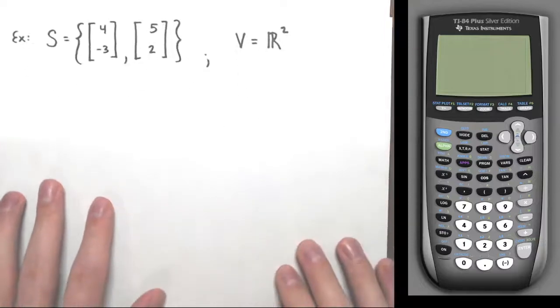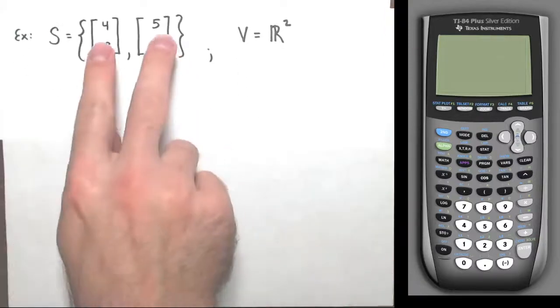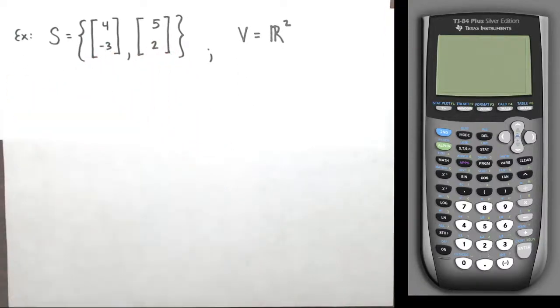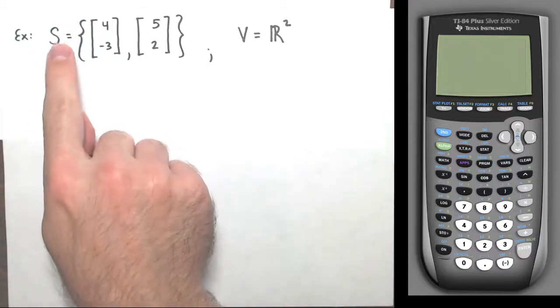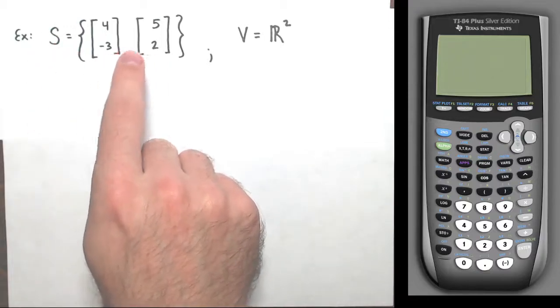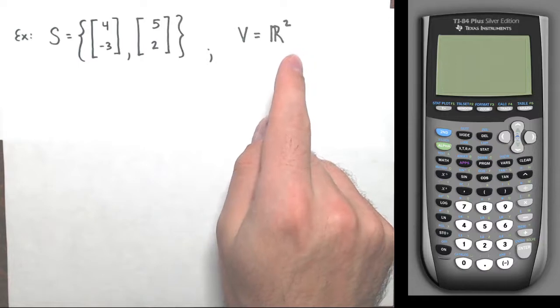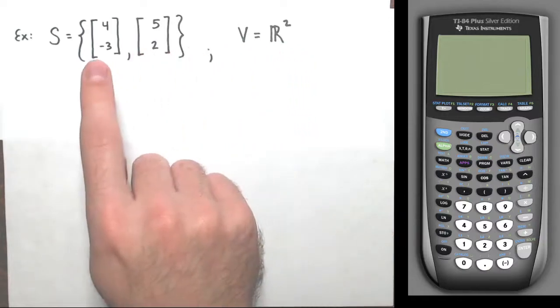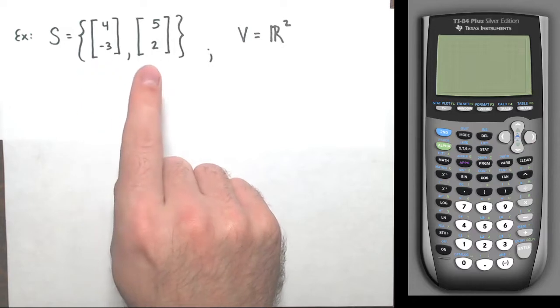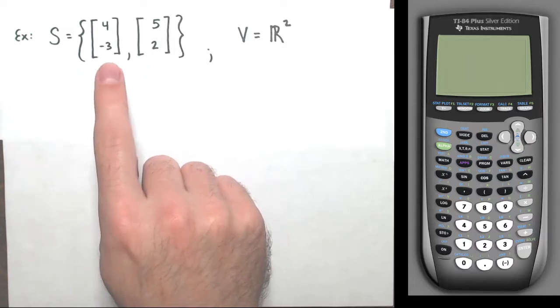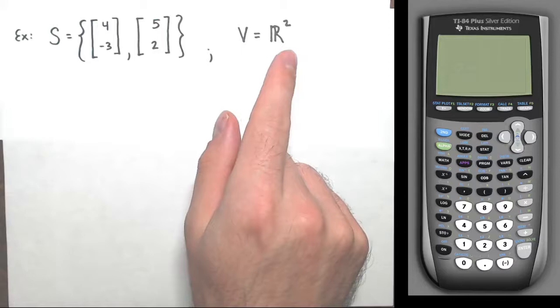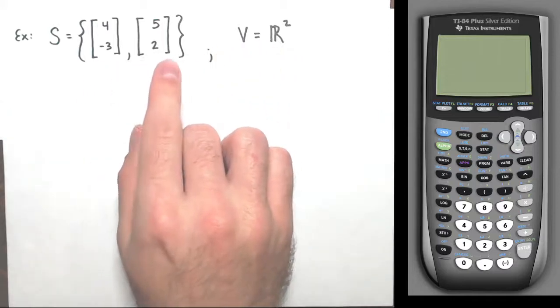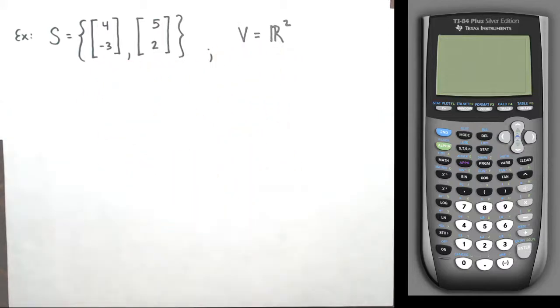So here I see a set of two vectors, and again I'm asking, is this set of vectors a basis for R2? Can every vector in R2 be written as a linear combination of these two? That means, does S span R2? And are these two vectors linearly independent?